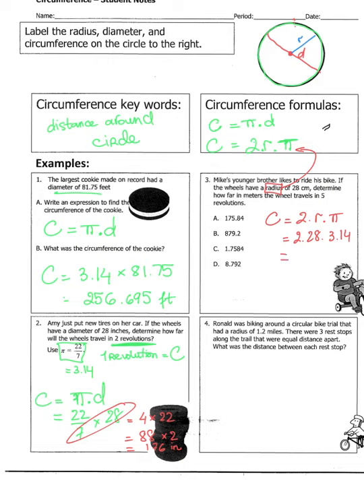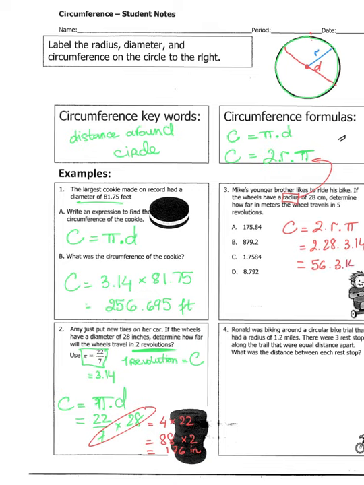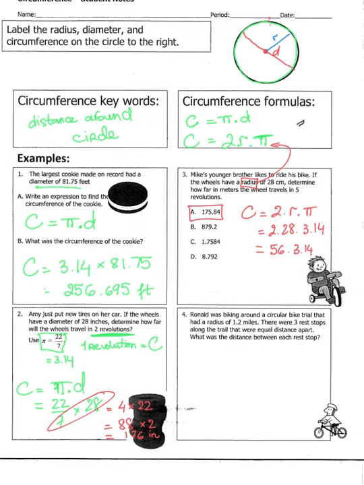2 times 28 will be 56. 56 times 3.14 gives you the answer 175.84 centimeters.